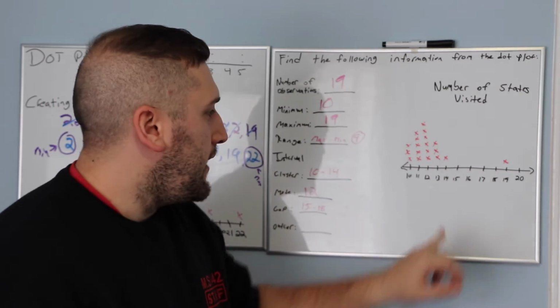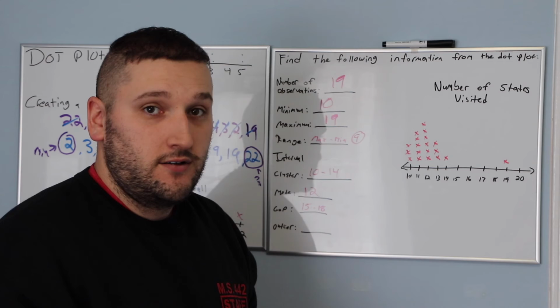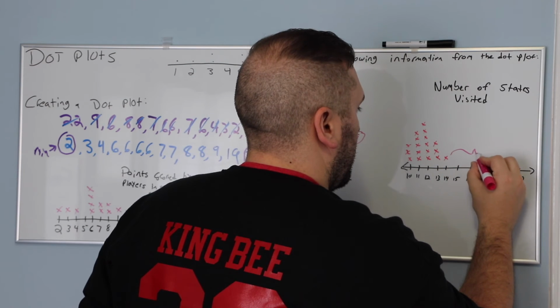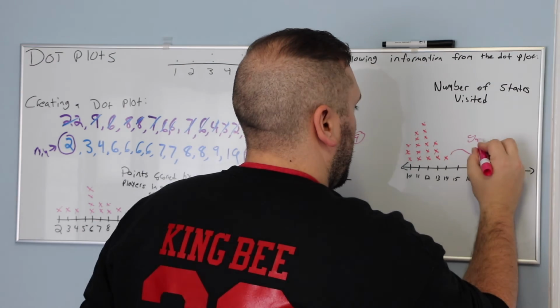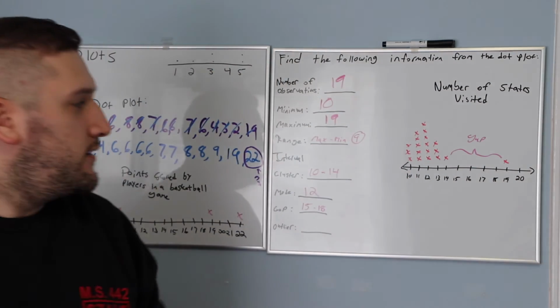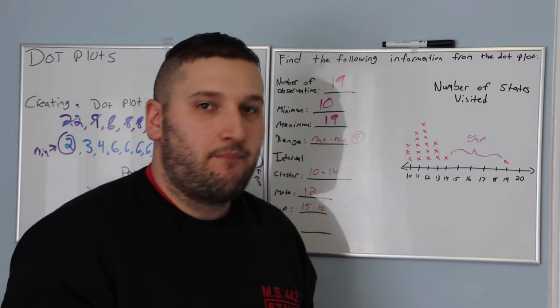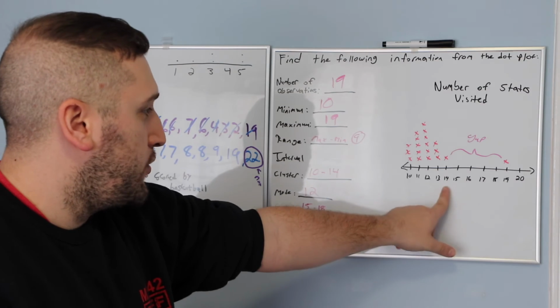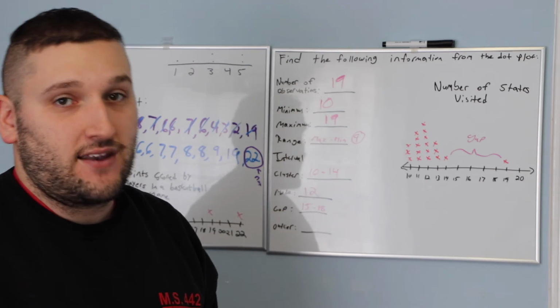It would not be 14 to 19, even though you might think that, right? Because we have our gap here. 14 has data on it. 19 has data on it. They're not part of the gap, right? A gap means you have absolutely nothing. So I can't say 14 is part of that because it has data there.